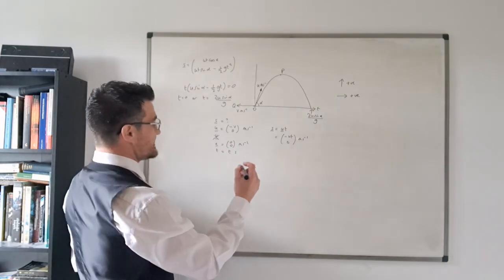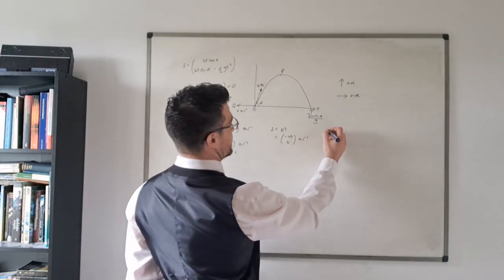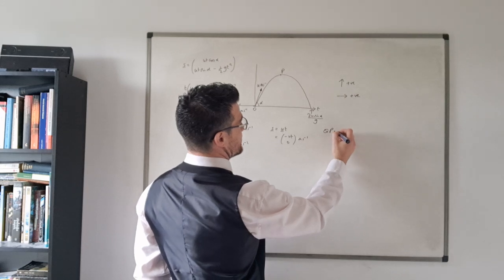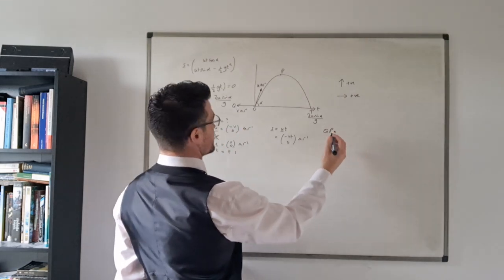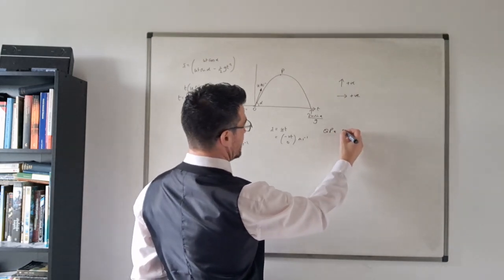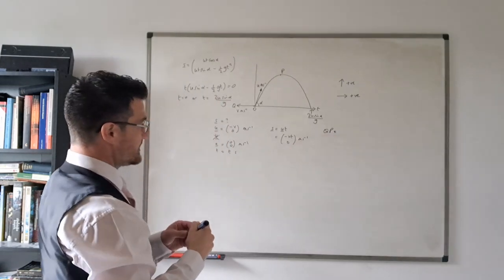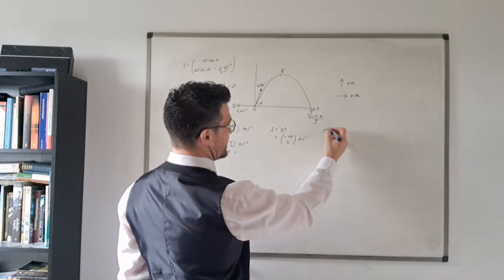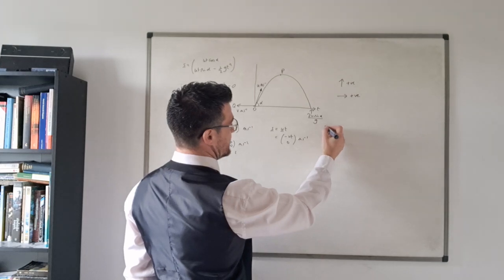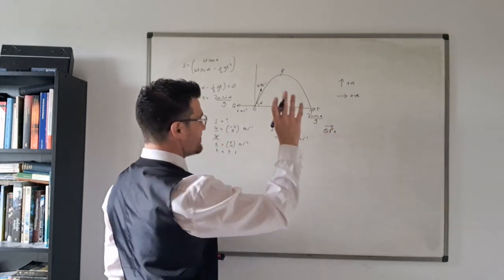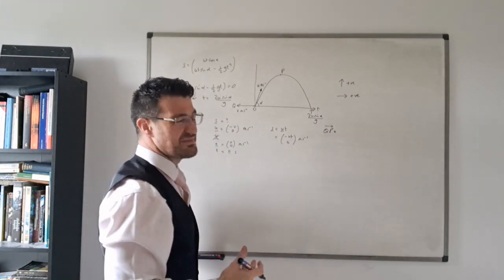Okay, so in this case we've got QP, and I'm talking about the vector here, from Q to P or from P to Q, whichever, it really doesn't make any difference.